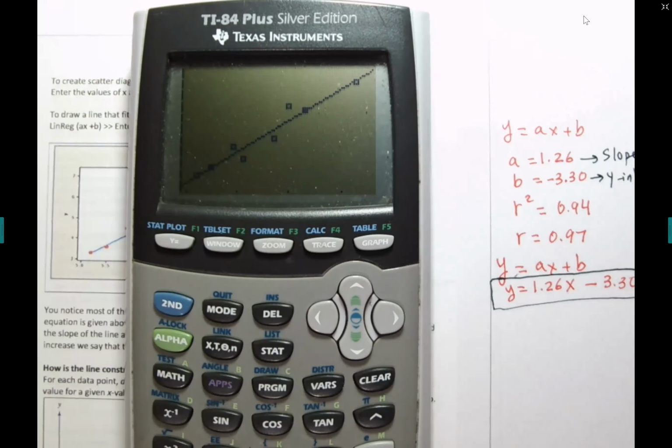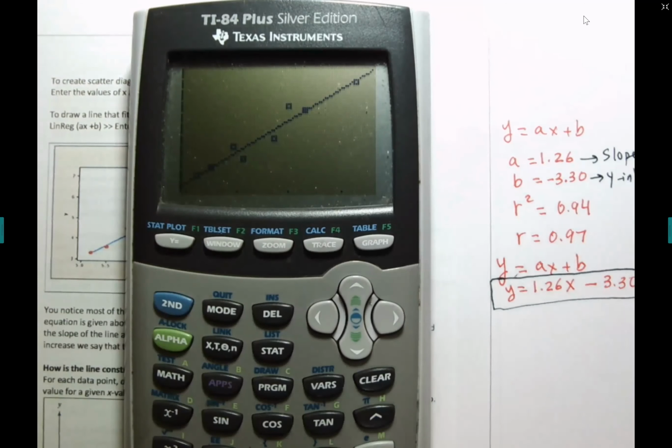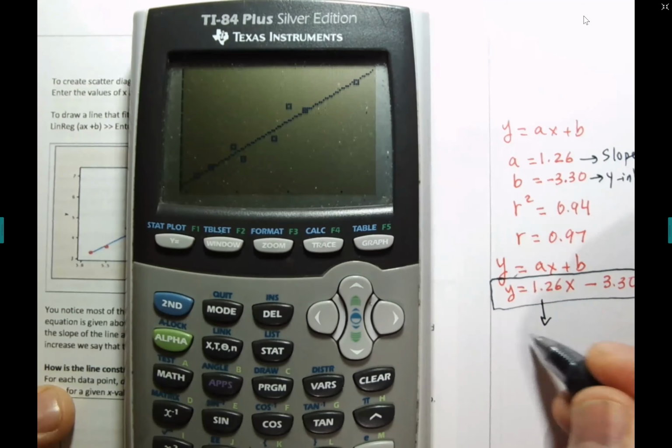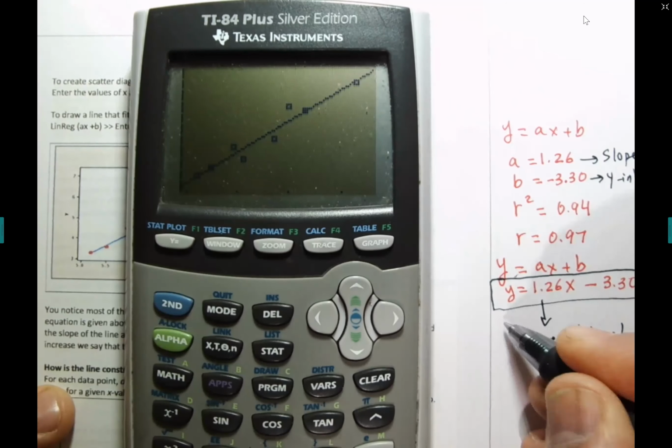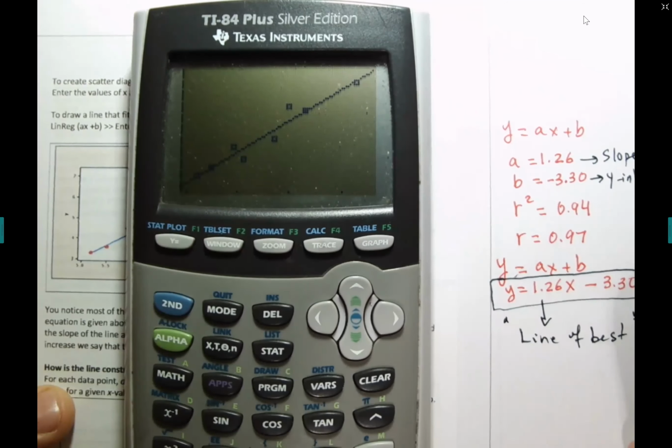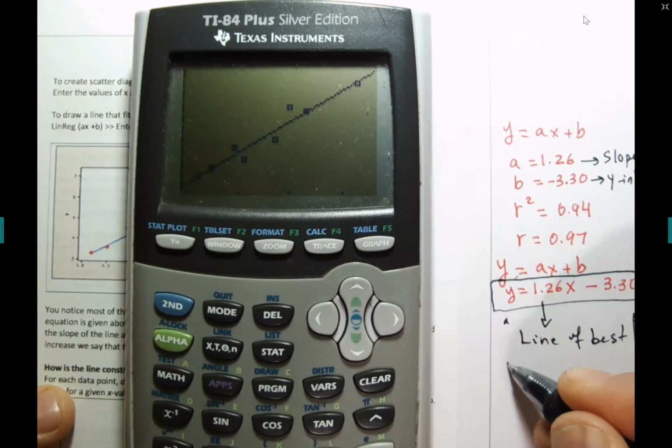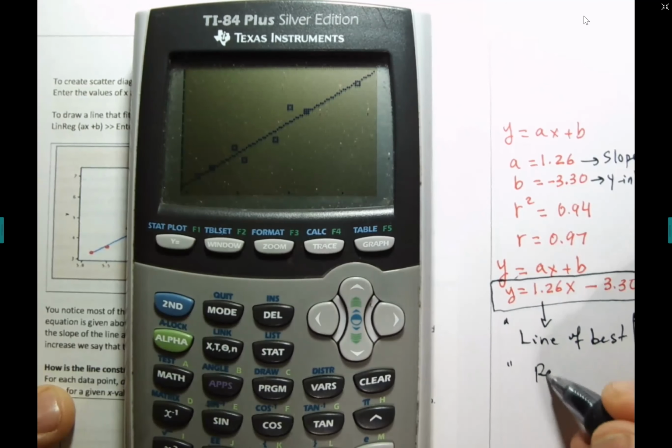So this is the equation of the line. Okay. This is called, as I told you, line of best fit, or regression line.